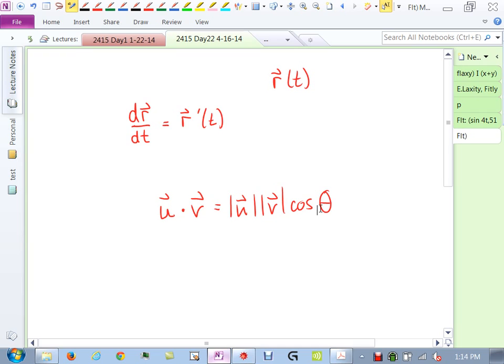Because for anything less than 90 degrees, cosine is positive. Anything greater than 90 degrees, cosine is negative. And of course, the first two pieces here are always going to be positive. So it is possible to have a negative dot product.